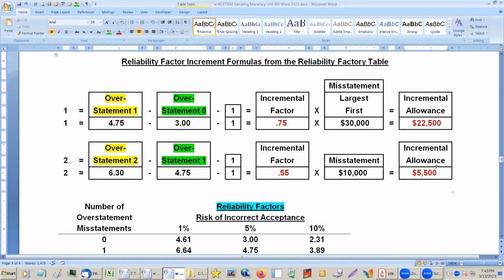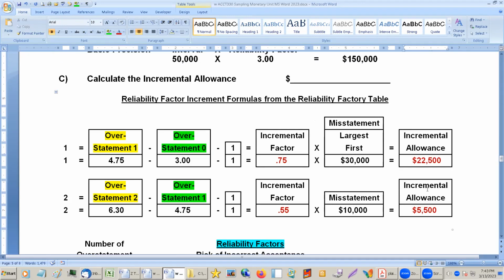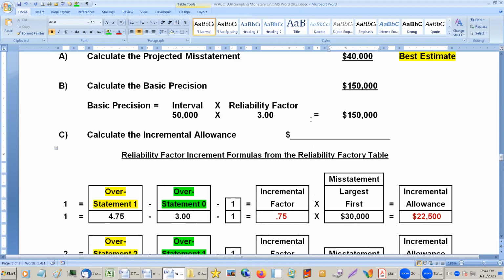Okay, so our incremental allowance, those two together would be the total. 28. So this would be $28,000.